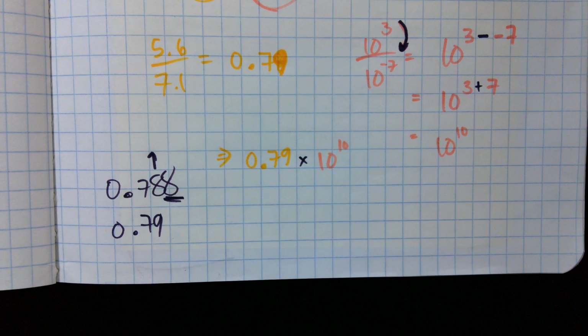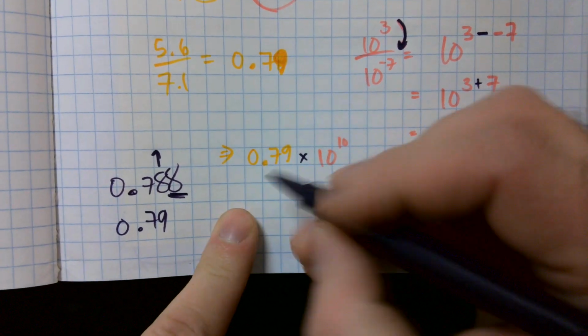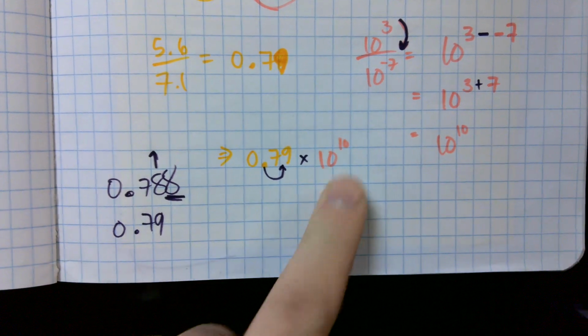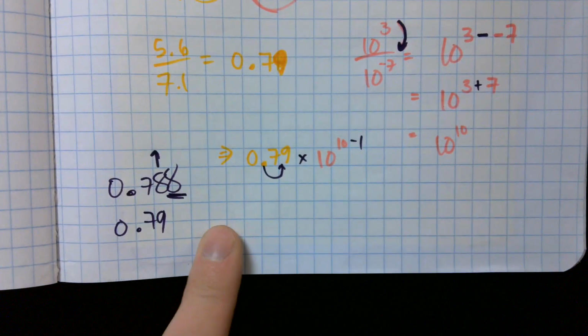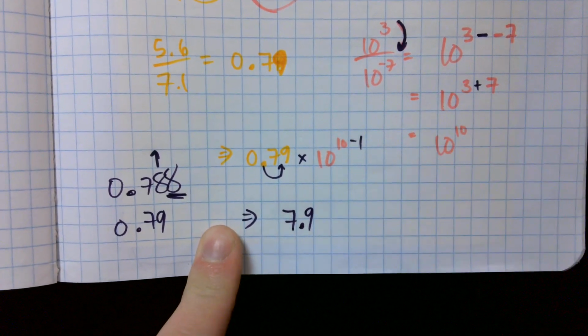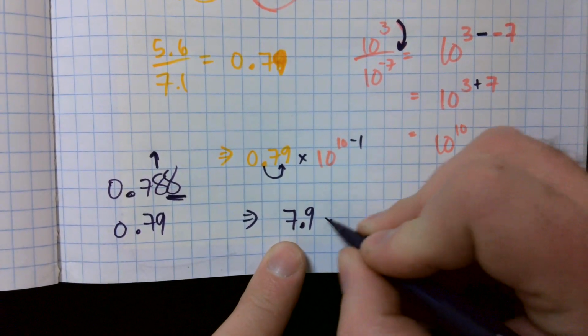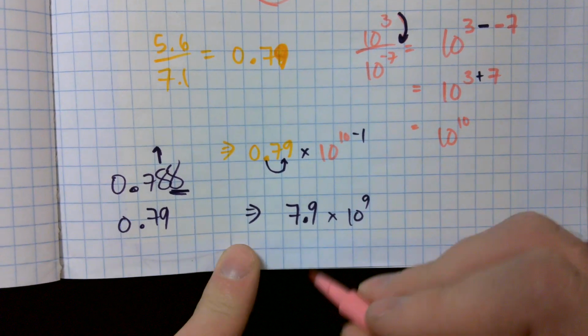I'm going to move the decimal, but I'm going to subtract from the exponent. How many spaces do I have to move this decimal? Just 1. So what am I going to do to that 10? I'm going to minus 1. So my final answer comes out to 7.9. Is that between 1 and 10? Yeah. Yep. Times 10 to the, what's 10 minus 1? 9th power.